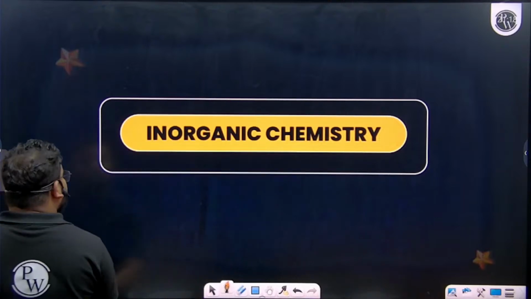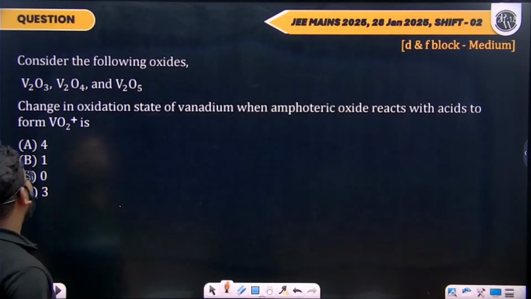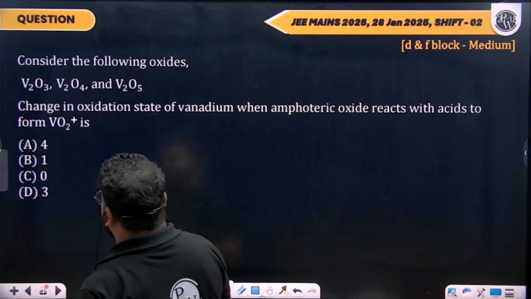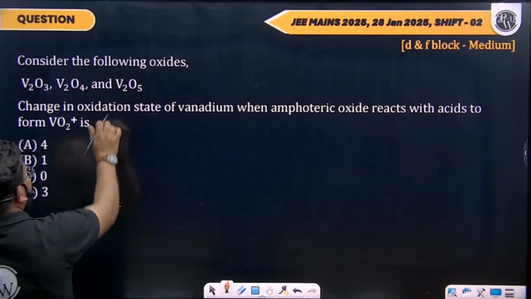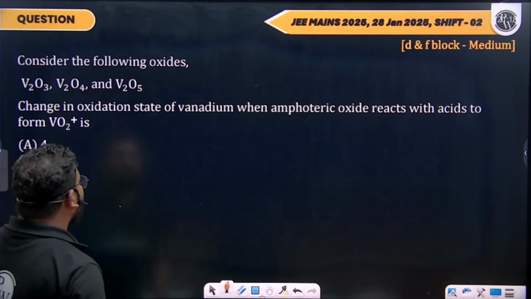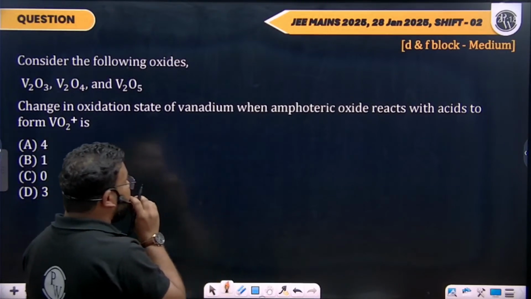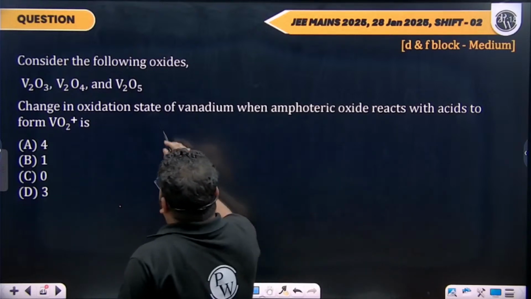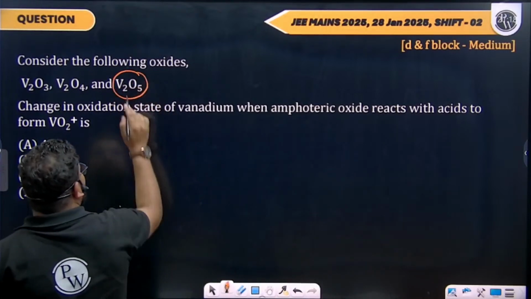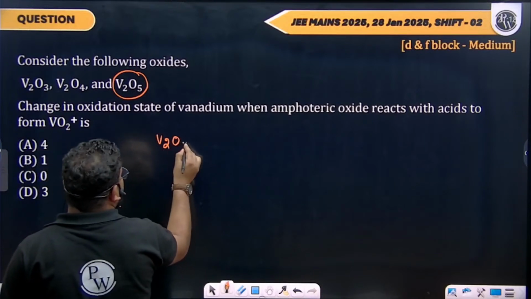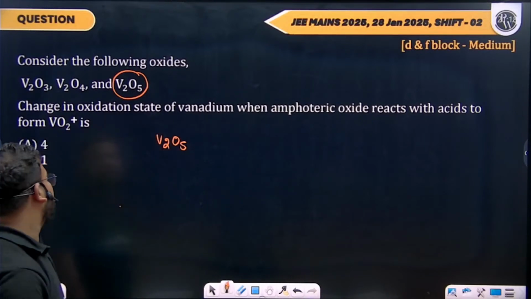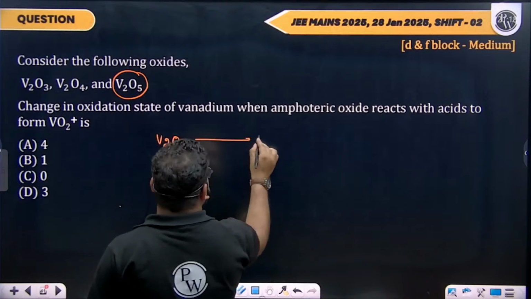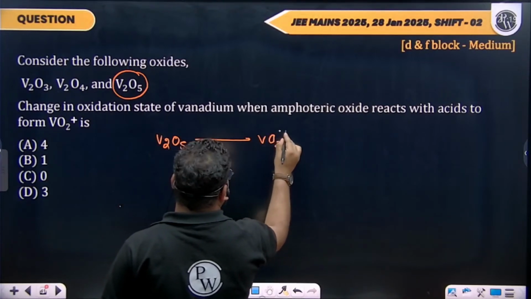So we will start. First question: consider the following oxides V2O3, V2O4, and V2O5. What is the change in oxidation state of vanadium when the amphoteric oxide reacts with acid? Only V2O5 is an amphoteric oxide, which changes into VO2 plus.